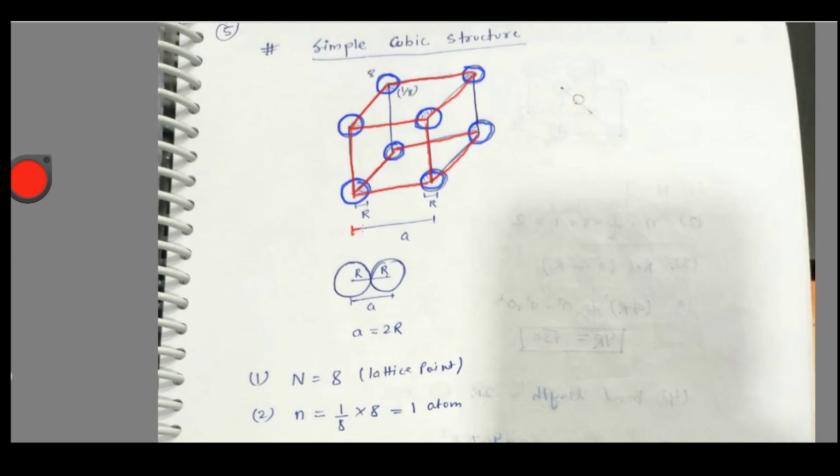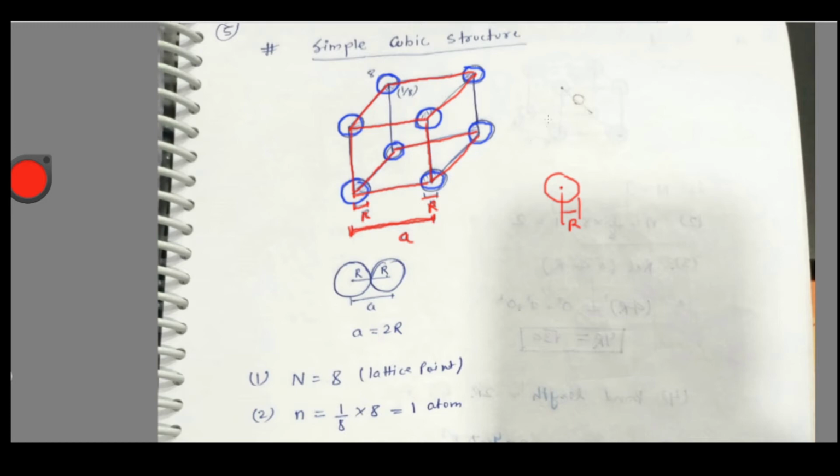So this is side A, and suppose this is the atom and this is the radius of the atom. So these are radius R, and A is the side of the cube.